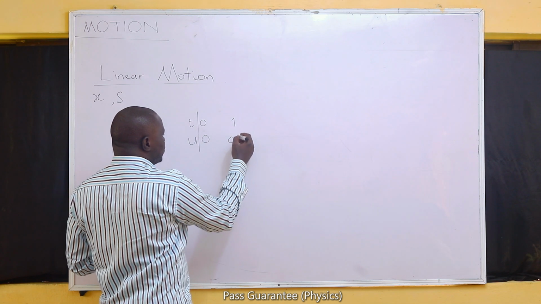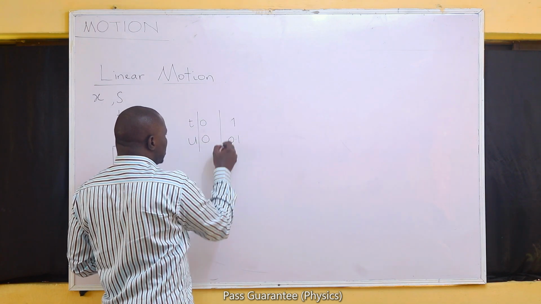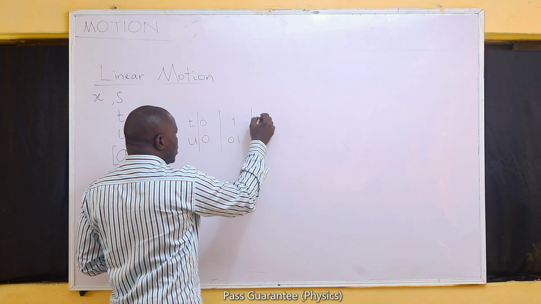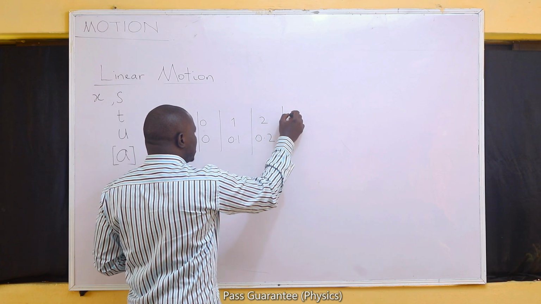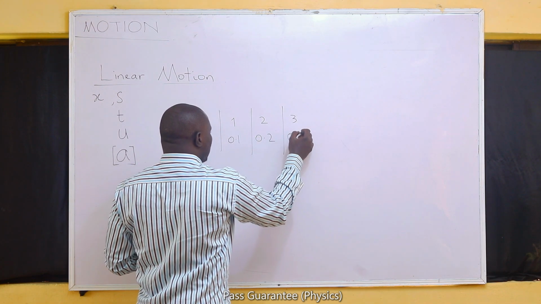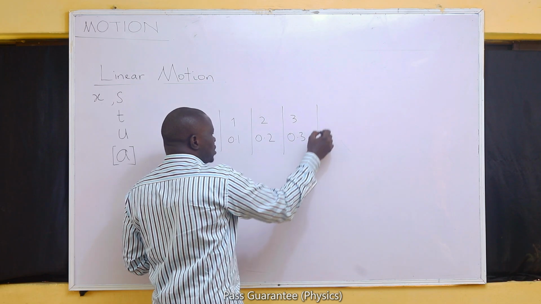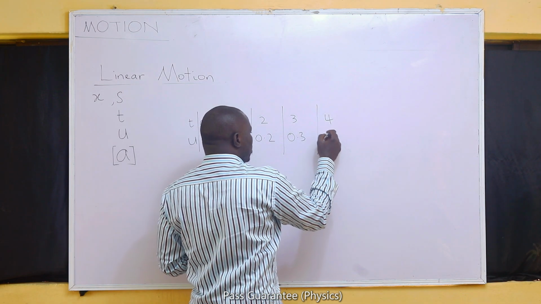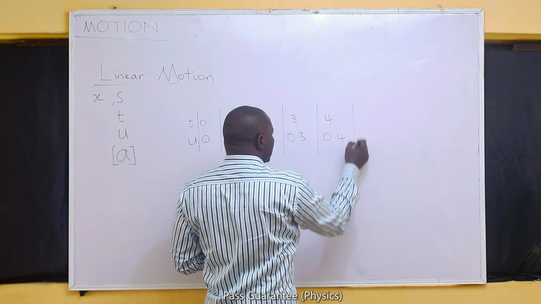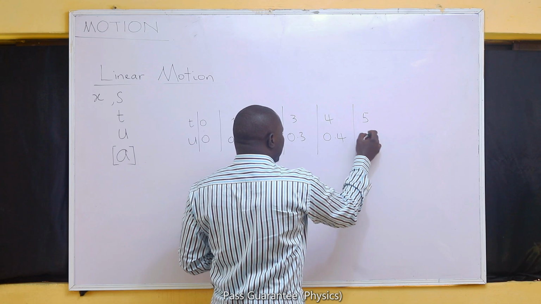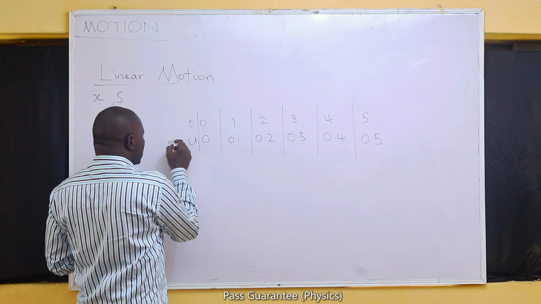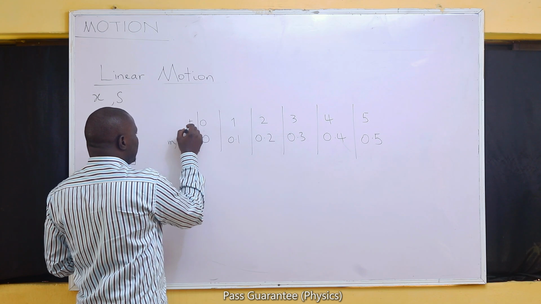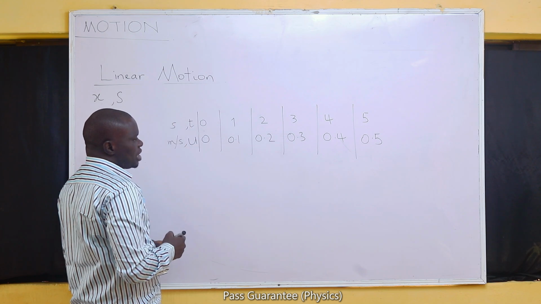After 1 second, the velocity became 0.1. After 2 seconds, the velocity became 0.2. After 3 seconds, the velocity is 0.3. After 4 seconds, the velocity becomes 0.4. After 5 seconds, the velocity becomes 0.5. These are values in meters per second, that's the unit of velocity. These are values in seconds, that's the unit of our time.